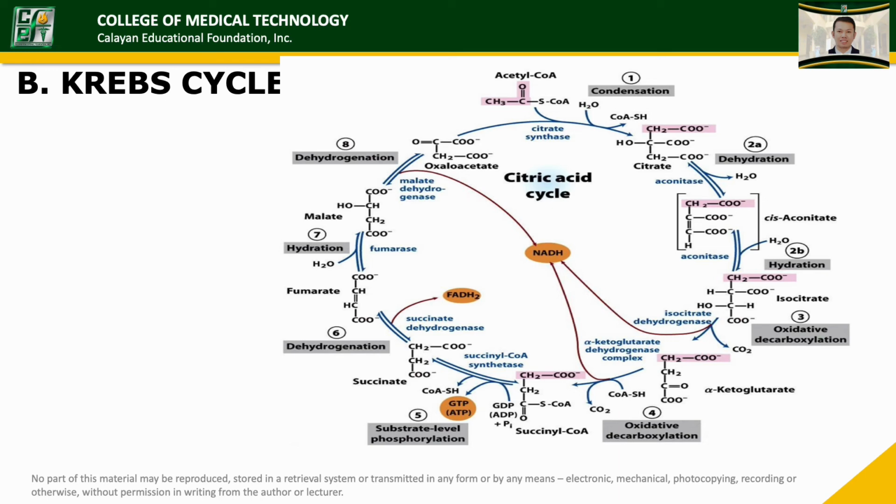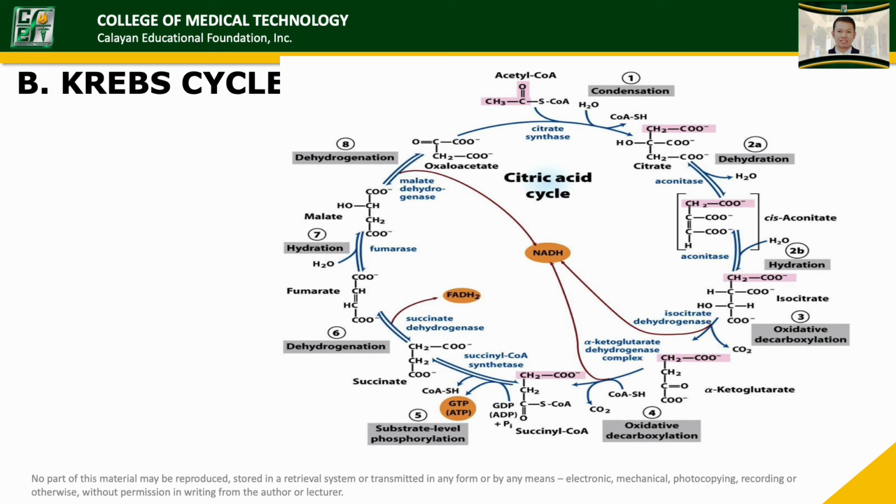Decarboxylation is known as removal of carbon dioxide. So there is this arrow, removal of CO2. And then the chemical structure became like this. It is now known as alpha-ketoglutarate.